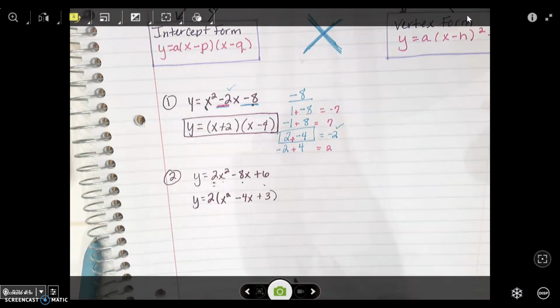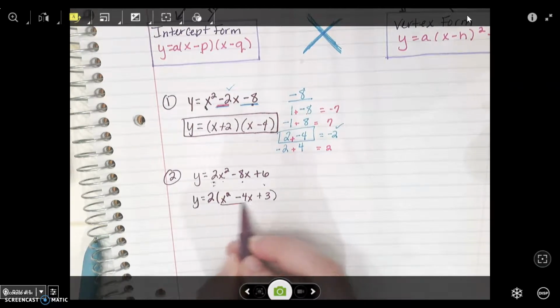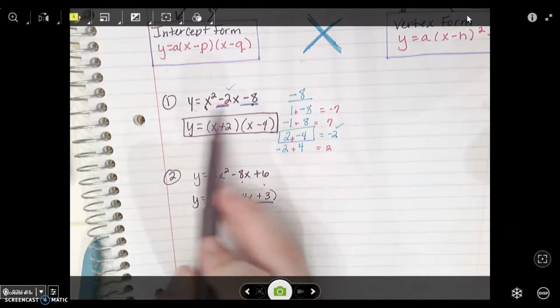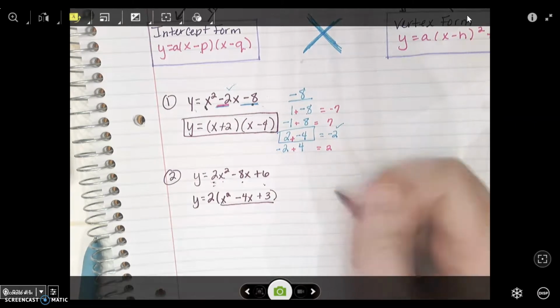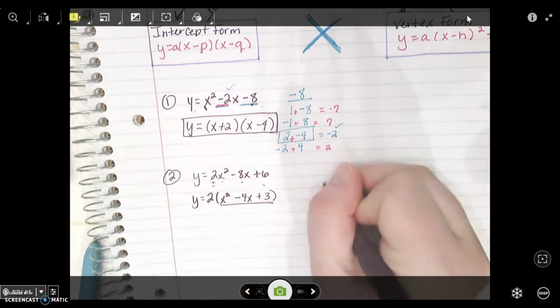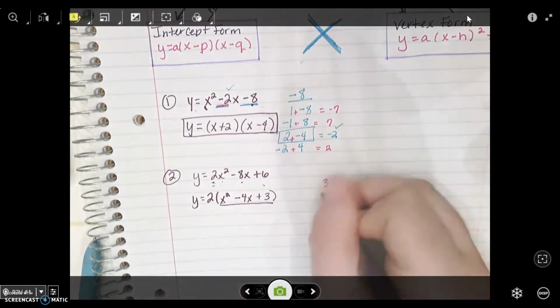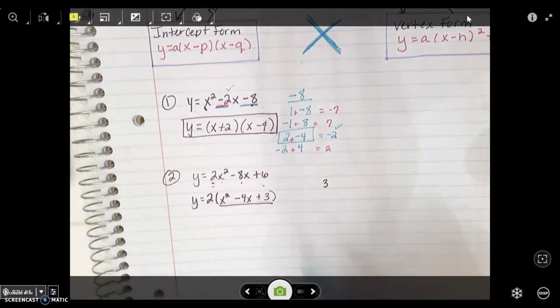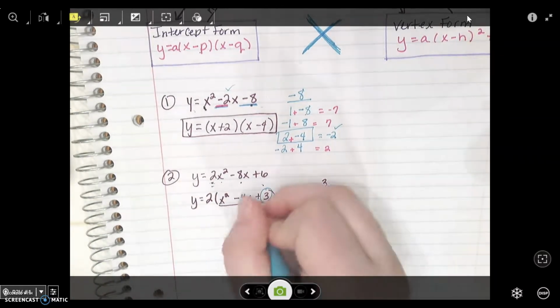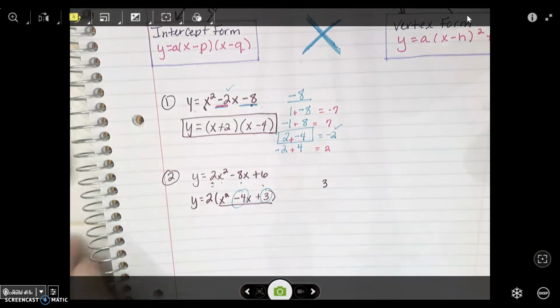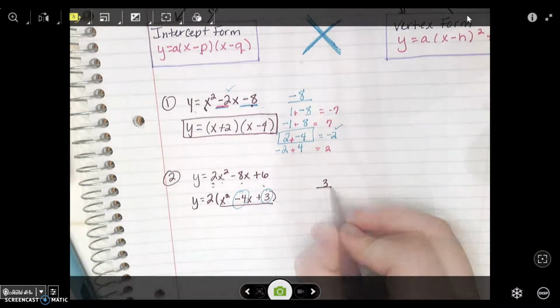We basically divided each of these terms by a 2. So now what you have to do is factor this part right here, just like we did up there. So you have to come up with numbers that multiply to give you 3 and add to give you negative 4. Okay, so what are some numbers that multiply to give us 3?